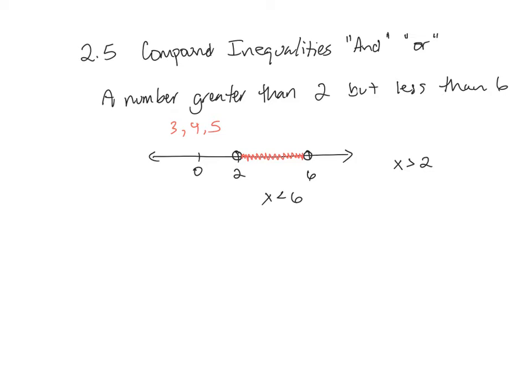So the way that we do that is the smaller number always goes over here on the left. The smaller number to the left, bigger number to the right. And if you notice back over here, the inequality is pointing at the 2. So when I point it like that.